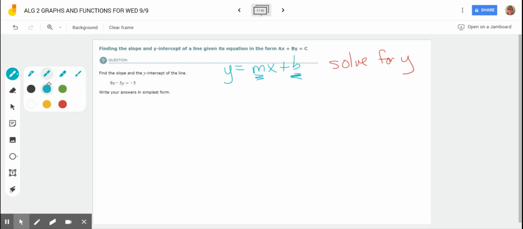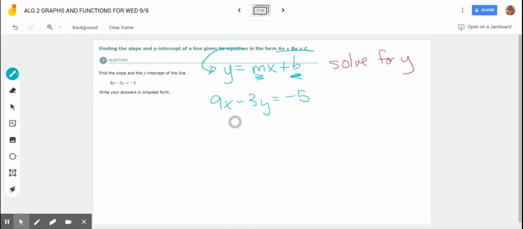So let's do that. We're going to go 9x minus 3y equals -5. So we're given standard form. We need to change it to slope-intercept. Just solve for y. We're going to move that 9x over. I would prefer that you guys get to a point where you don't have to show your work. I have noticed that some of you in your work do this, and this is totally fine.